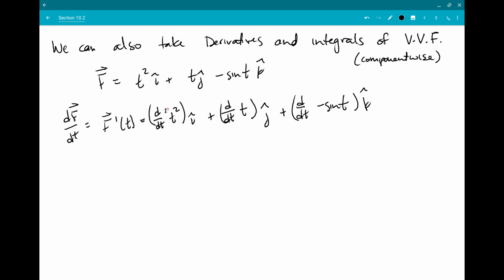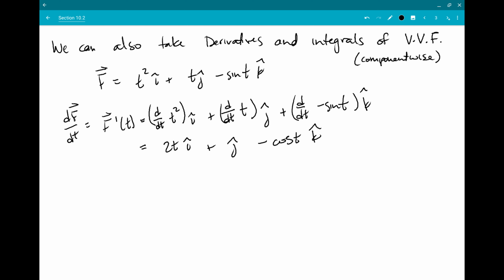Where d dt means I'm just saying, let's take a derivative with respect to t. So that's just 2t i hat plus 1 j hat. Derivative of sine is cosine, so minus cosine t k hat.